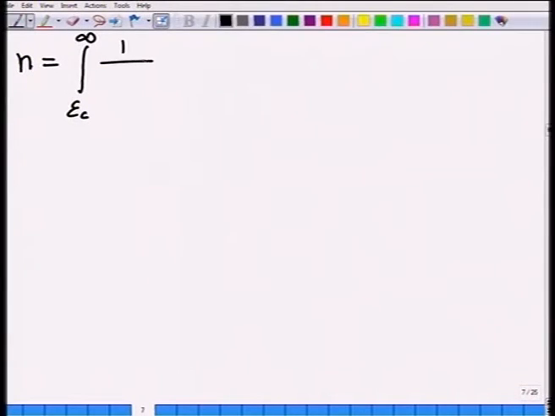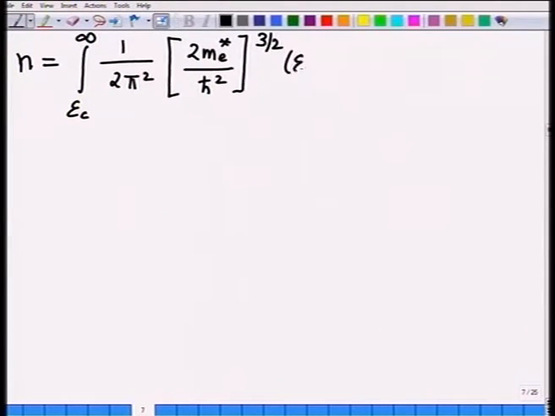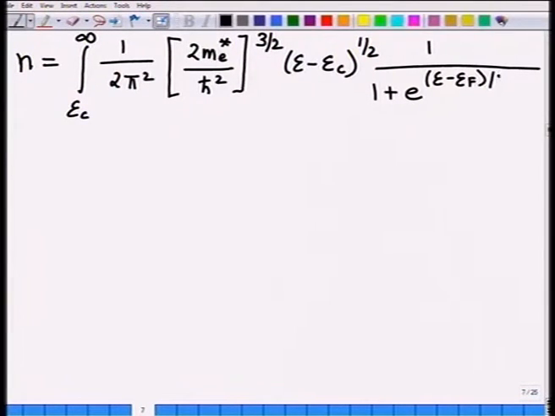So, let me substitute now G_c. What is G_c? It is 1 by 2 pi squared, (2 m_e star by h bar squared) to the power 3 by 2, (E minus E_c) to the power half, and we are also going to use the Fermi function, 1 over 1 plus e to the power (E minus E_f) by k_BT, dE. This is the integration we need to carry out.